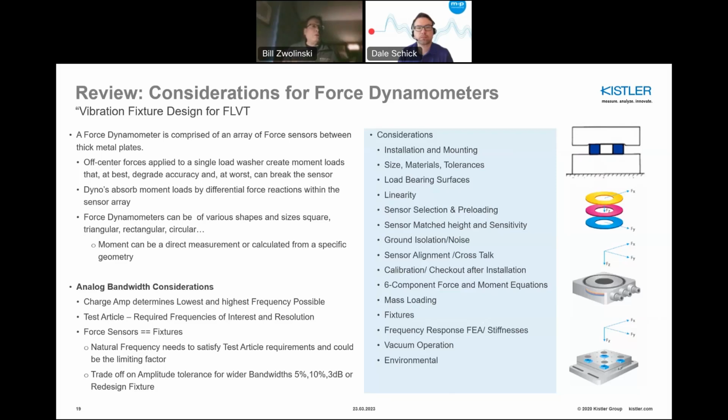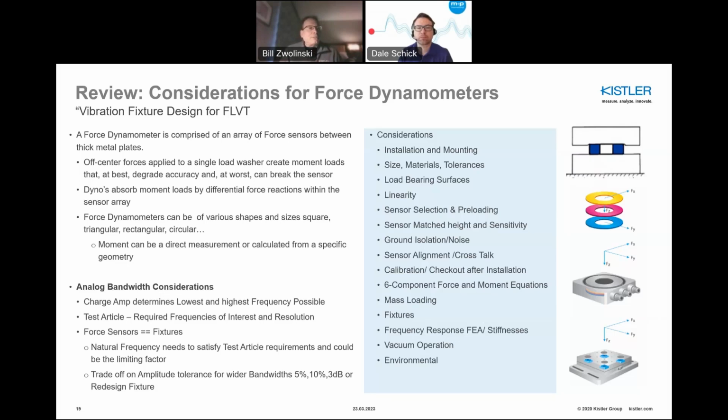The reason you use dynamometer plates is that you don't typically have an axial force when you're testing these large satellites. You have a distributed force over a larger footprint. If you used a single sensor, you wouldn't have the right measuring instrument. It would possibly break or give you a very poor result because of the bending moments involved.